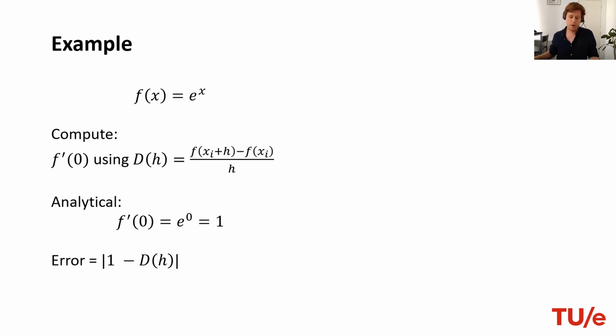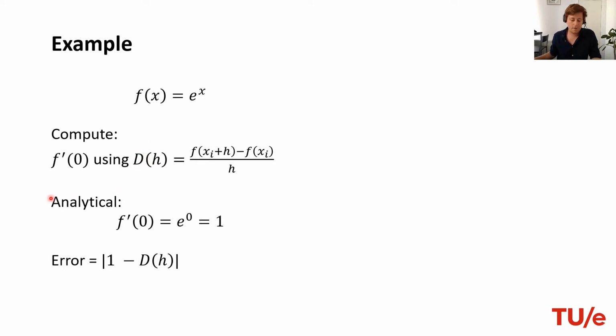So consider the following example. Let's say that we have a function f of x, which is an exponential function, and we want to compute the derivative of f at x equals 0 using a forward finite difference scheme as indicated over here.